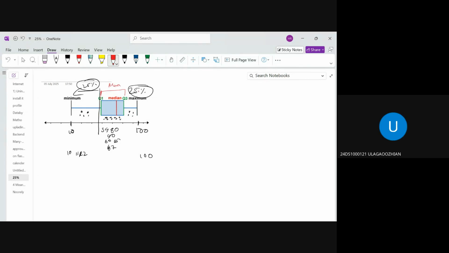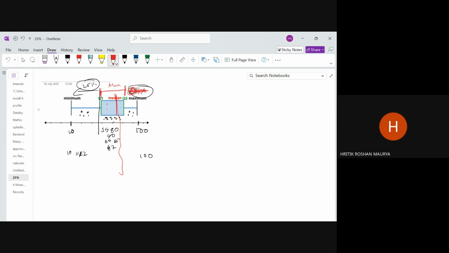I think this is Q4. This is Q1, this is Q2, this is Q3, this is Q4. This is the main percentile where we got the data. Most of the data are here. The 50 percentile is also here.